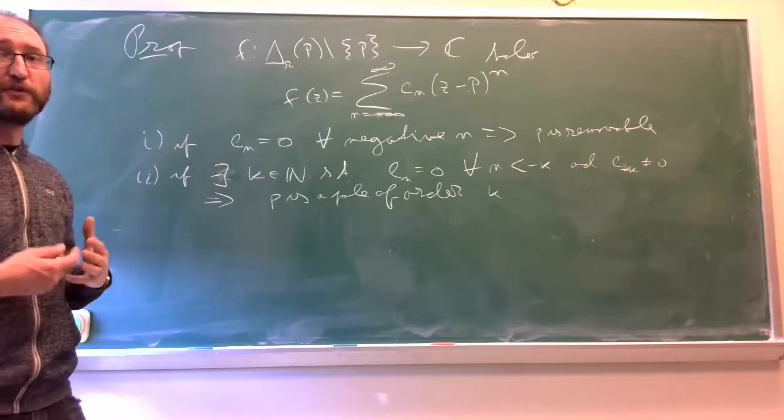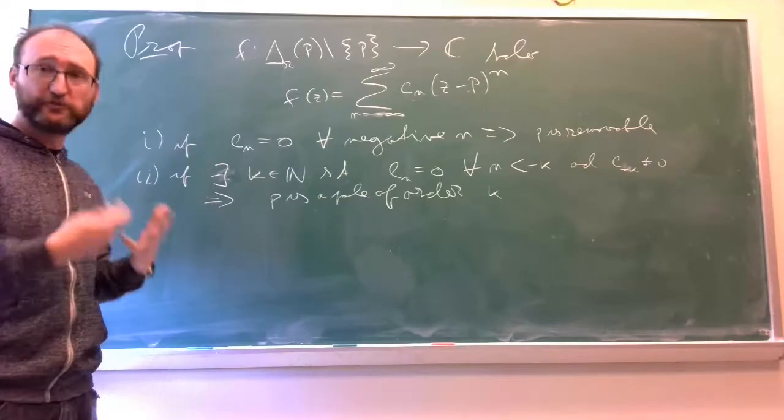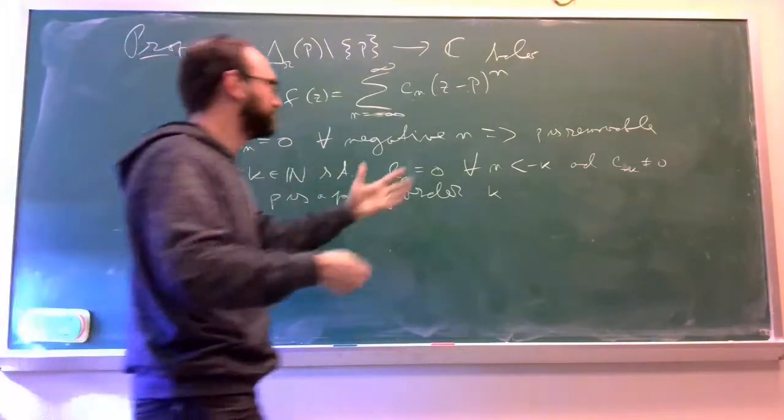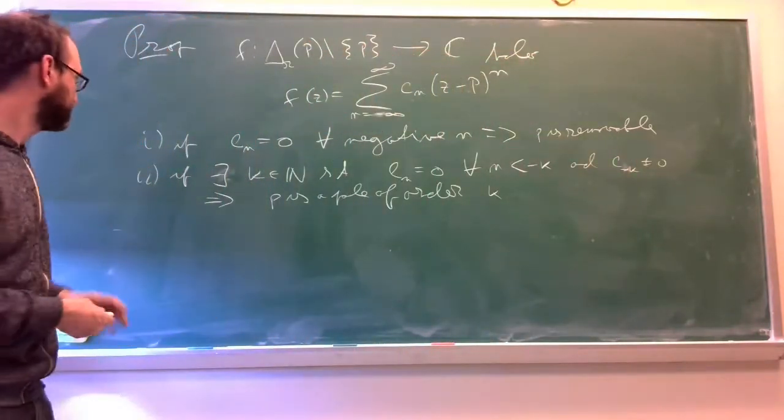So if you can multiply by a power of z minus p, and it's a removable singularity, then it's a pole, right? And you just have to check that it's really a pole of order k, right?